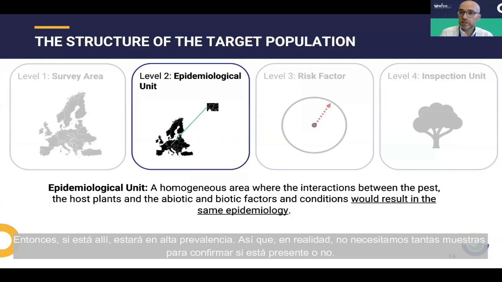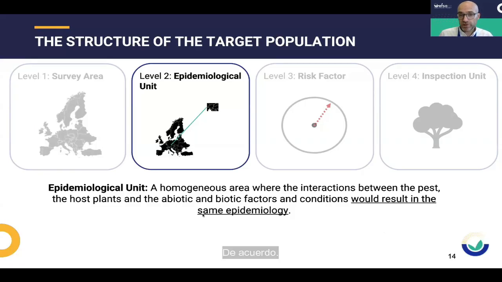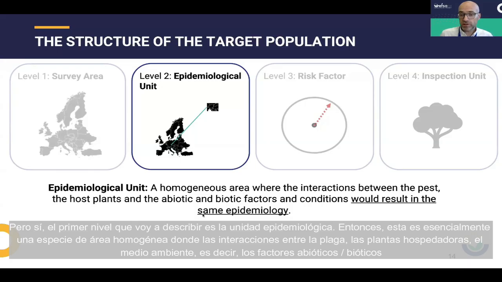So we don't need that many samples to confirm whether it's present or not. It makes sense, because the more information we have about the pest and where and when it might occur, the more efficient our survey can be, and the lower the sample size compared to if we had less information.